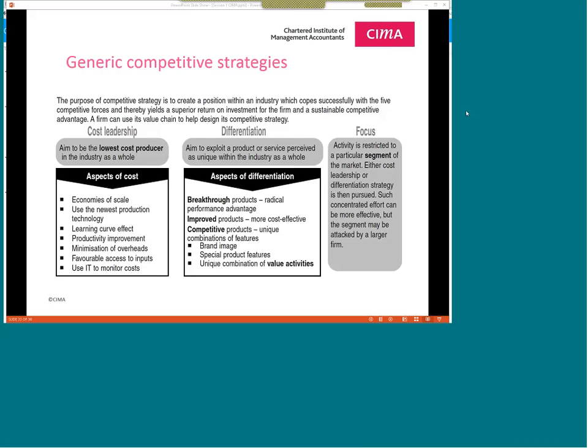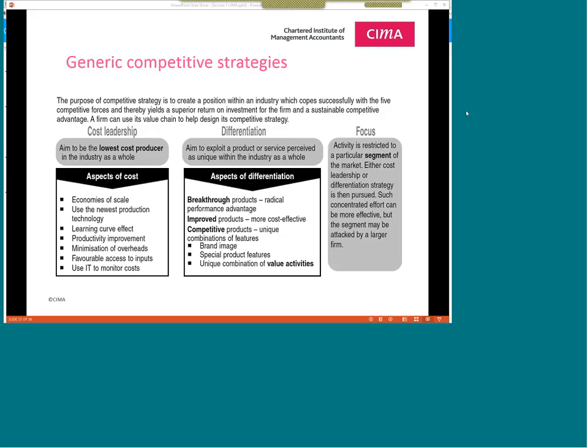Focus and cost leadership. Example, I'm just trying to think of a real life one. That would be, for example, you are focusing on, let's say, female clothing, female fashion. That's a focus. You're focusing on just one part of the market. So you are a manufacturer of clothing, let's say, and you are particularly focusing on female fashion or even pregnant women, doesn't matter which example I use.